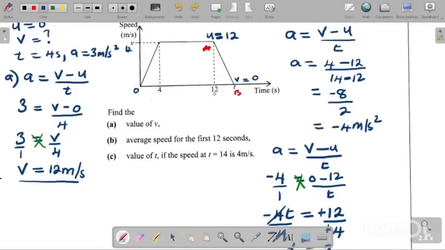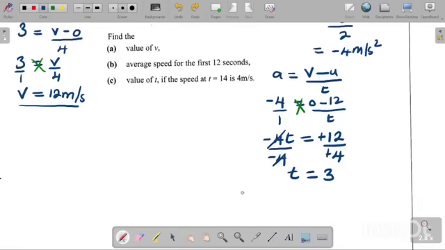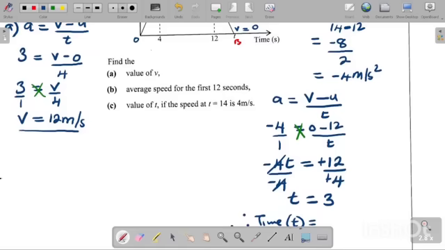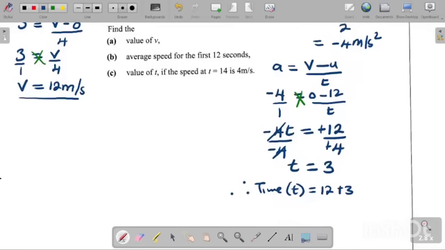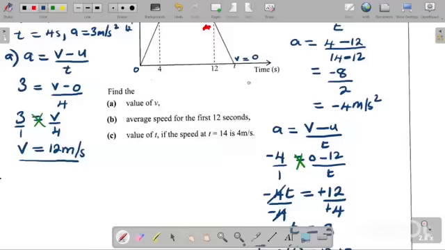From the initial time of 12, to reach here we add 3 seconds. Therefore t is equal to 12 plus 3, which is 15 seconds.